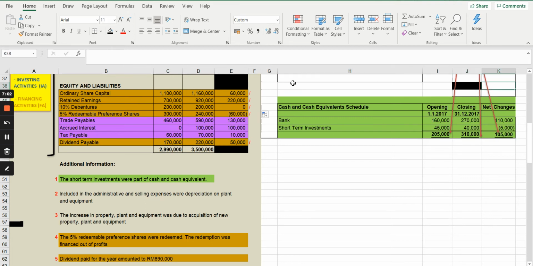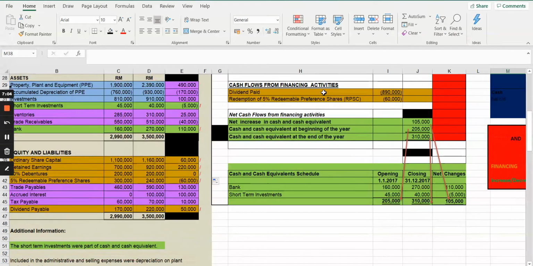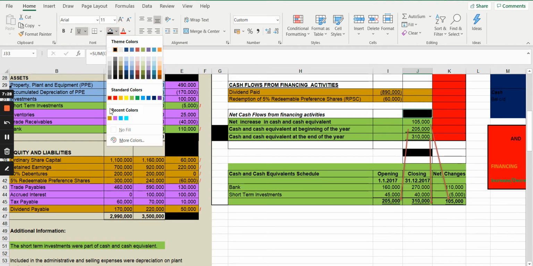You can now total up. So to total up, you will total up these two rows only, right? So that will be the total of cell I30 and cell I31. So that gives you these figures, which is the net cash flow from financing activities.